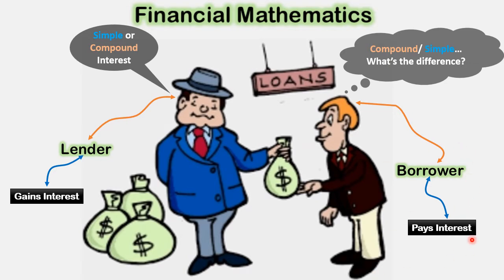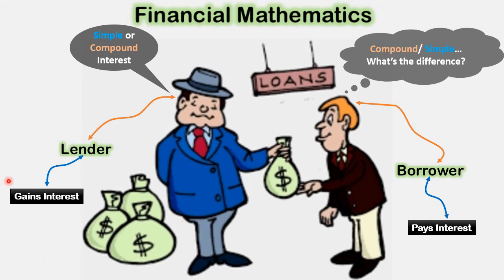But people, let's agree that when somebody talks about interest, he's talking about the money that is going to be lost by the borrower, because the borrower is going to lose money to the lender, but the very same money that is lost is going to be gained by whom? By the lender.